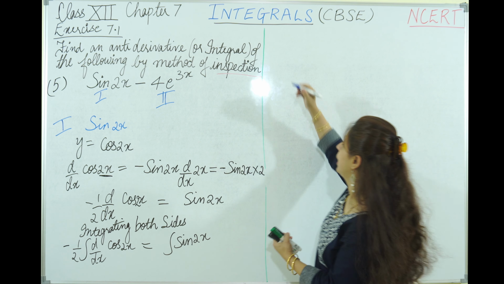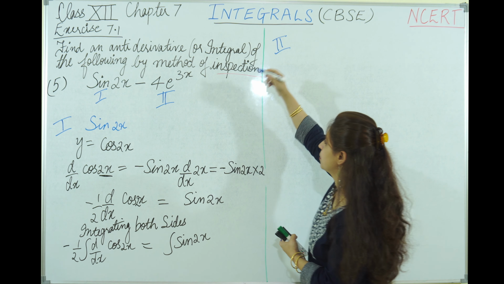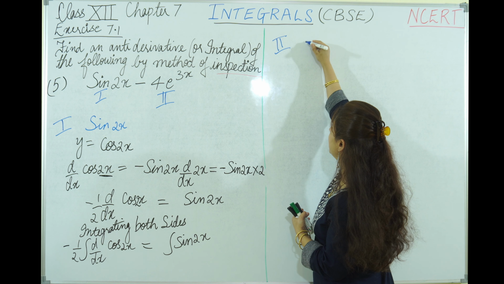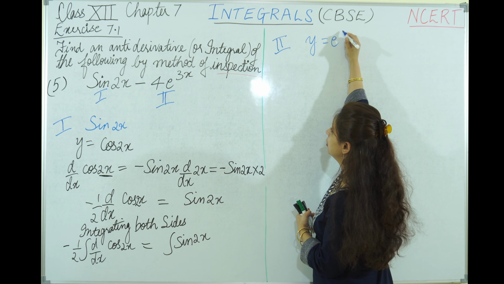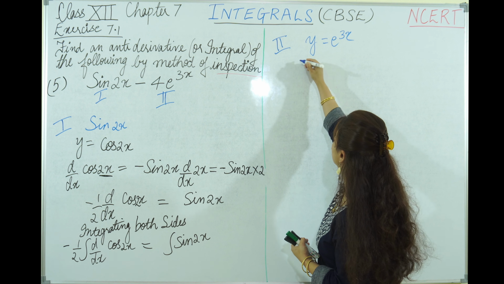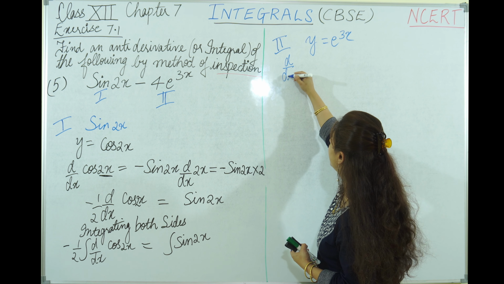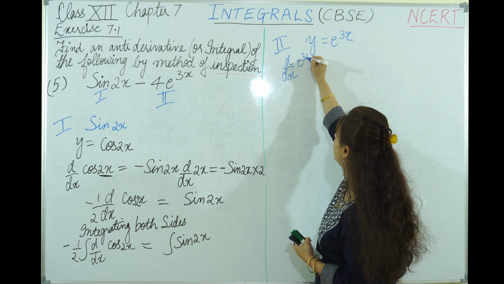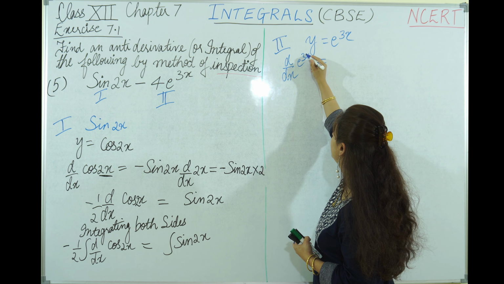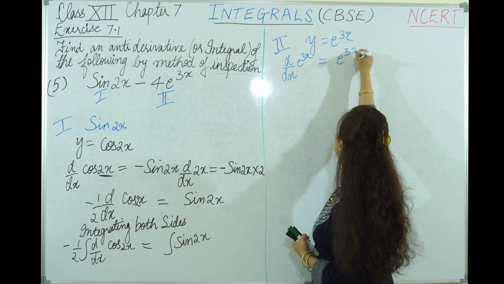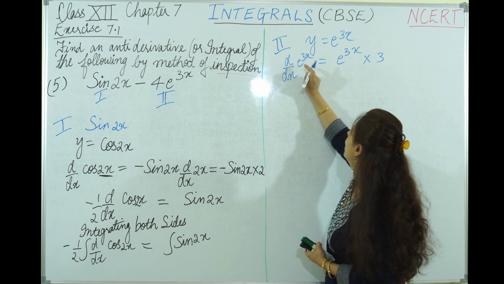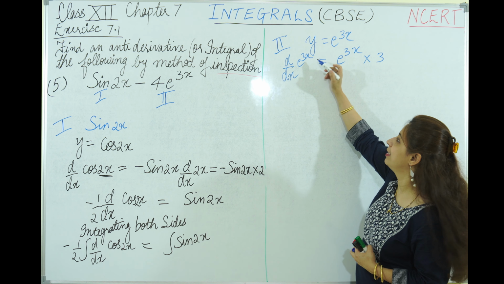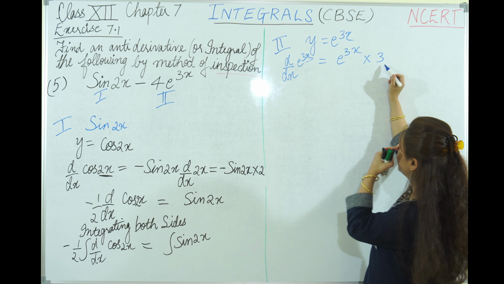Now for the second function of the expression, we take y equal to e to the power 3x. So d over dx of e to the power 3x is e to the power 3x into 3, by the chain rule, since the derivative of 3x gives 3.